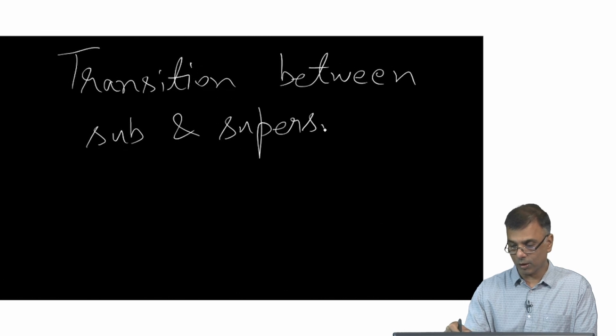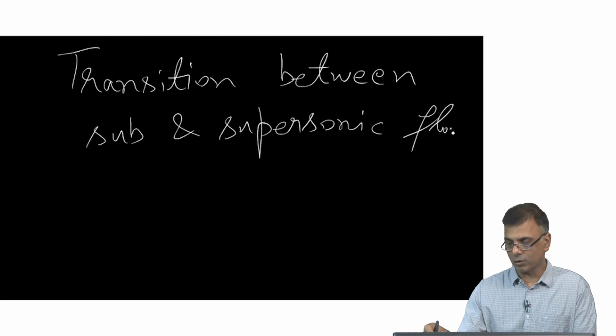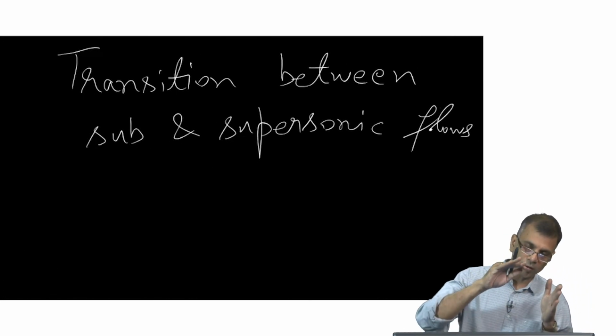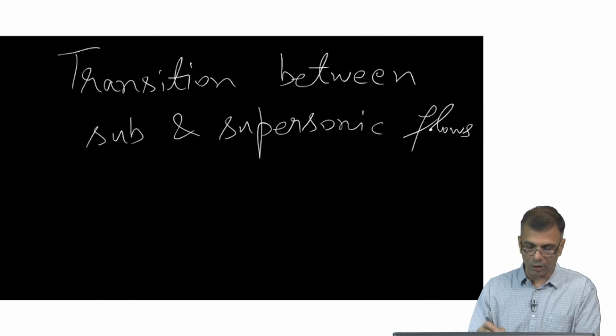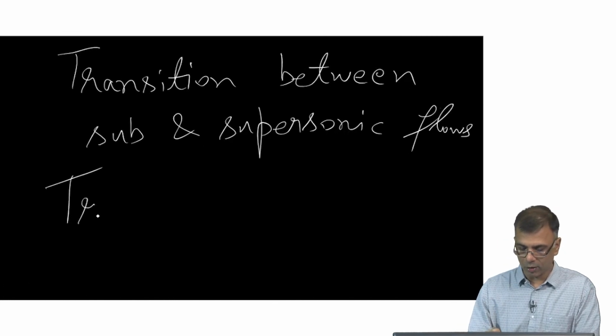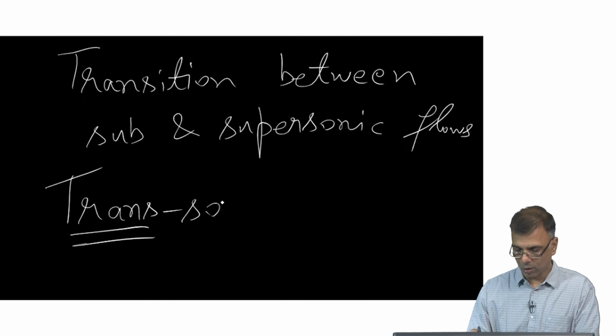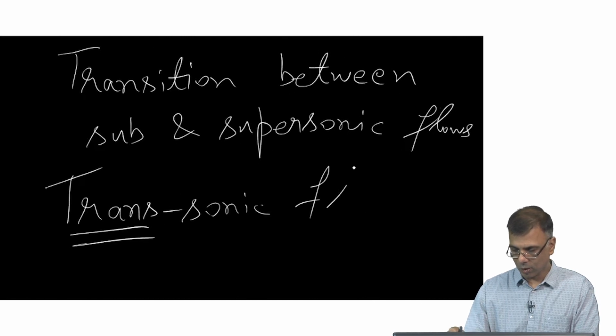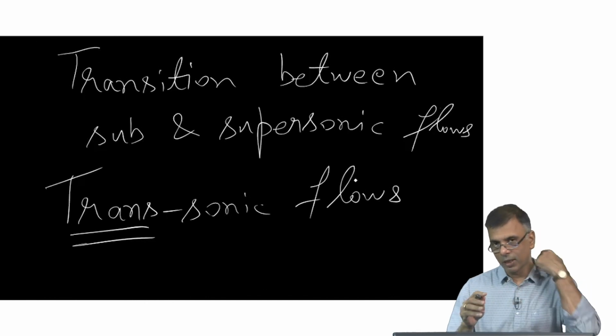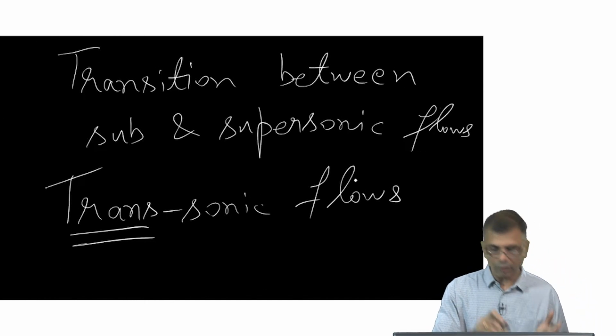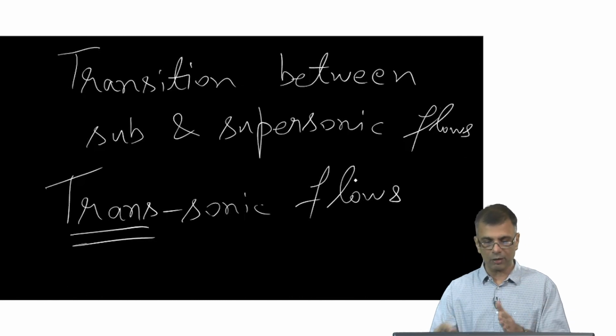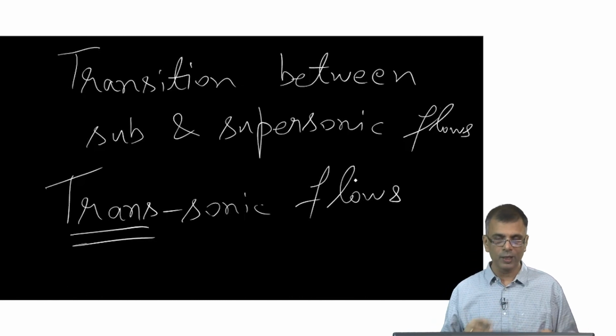This is very important because, like I said, the character of these two kinds of flows is very different. In other words, these are flows that transition from a subsonic flow to a supersonic flow. Because their character is so different, you have to pay special attention to flows that are transonic.